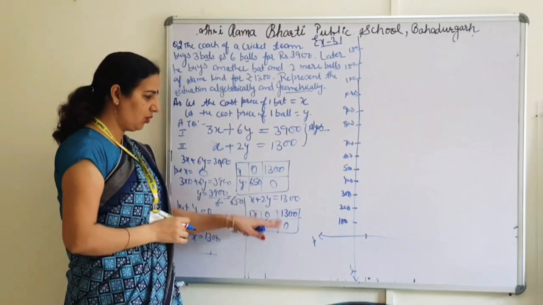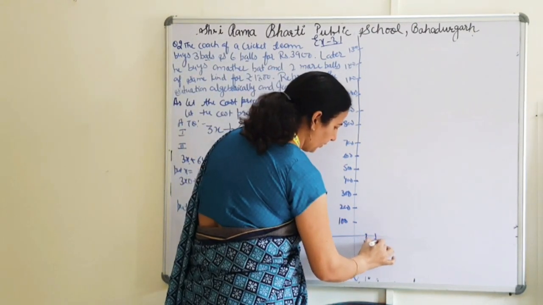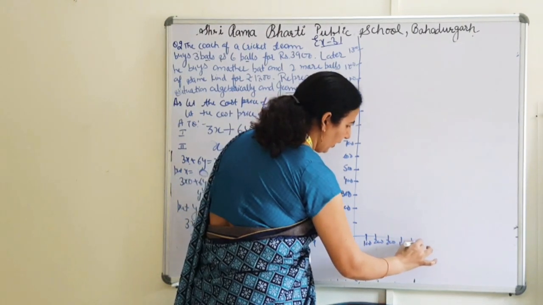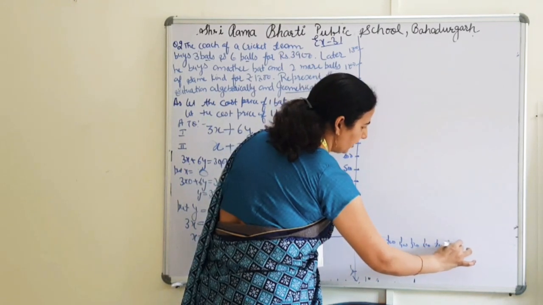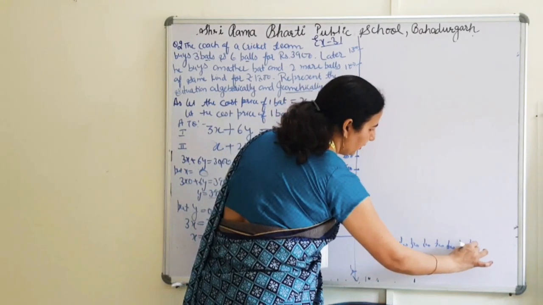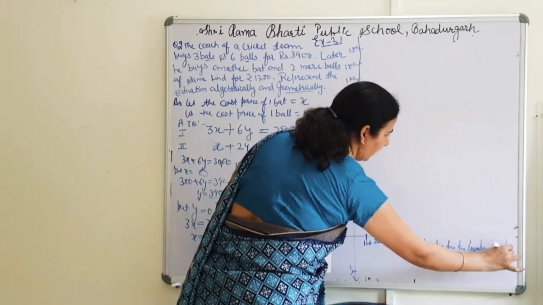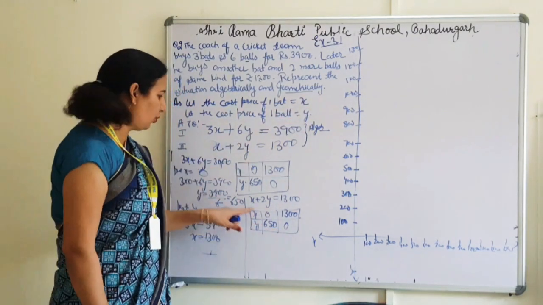The y-axis will also go till 1300. So 100, 200, 300, 400, 500, 600, 700, 800, 900, 1000, 1100, 1200, 1300. First you have to mention the scale also.